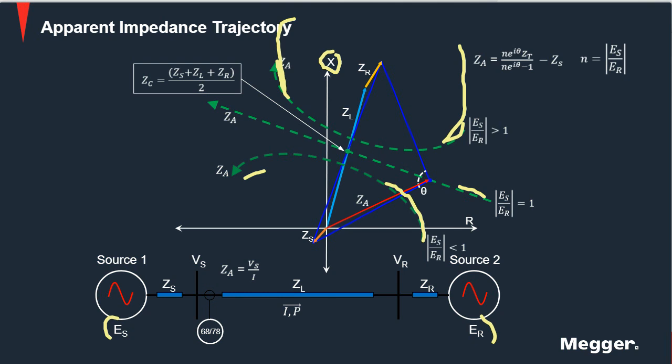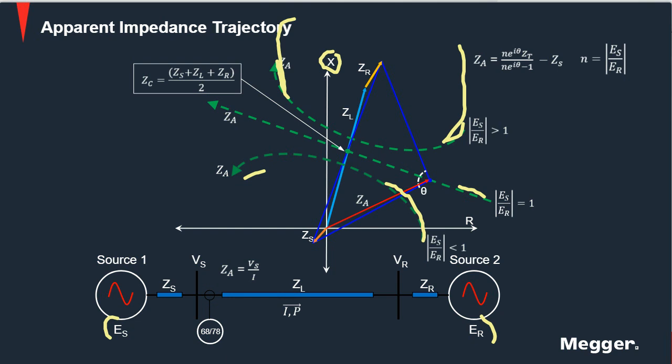Because all of these green lines, which represent that straight line that I was telling you about, or all these circles, they represent the trajectory of the impedance in the impedance plane. When you read the protection texts, they'll tell you this is the locus of the impedance in the impedance plane.